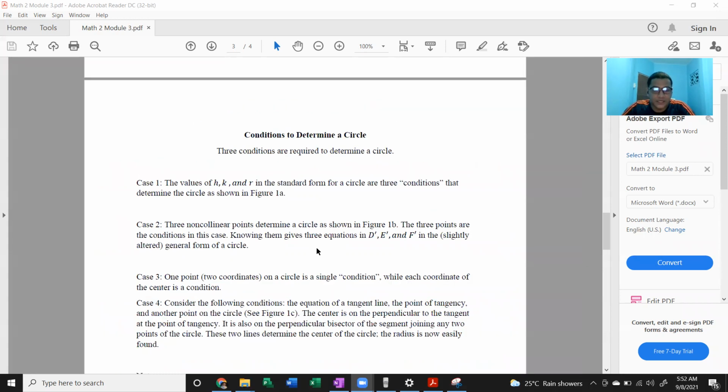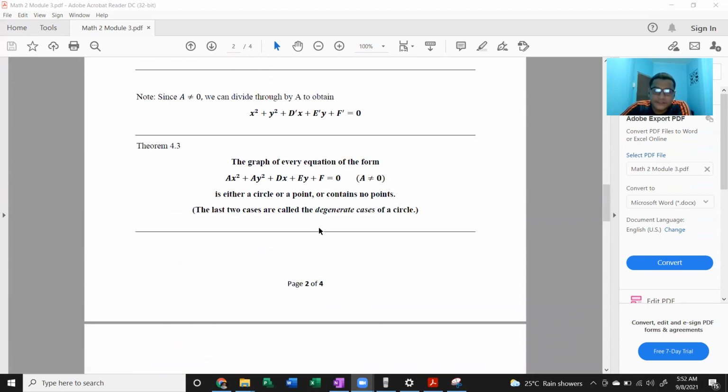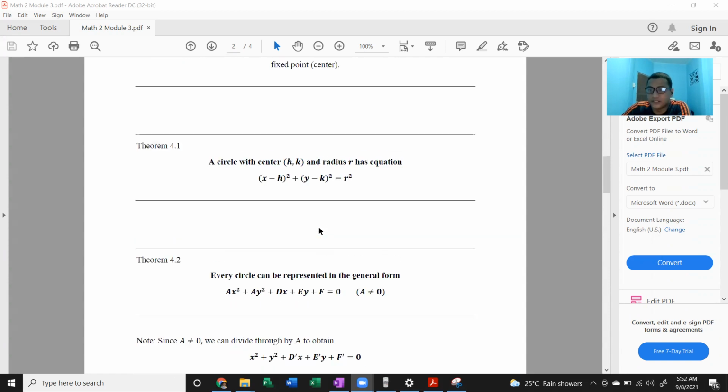So I have laid out here 4 cases that are helpful to determine the equations of the circle. Okay, so let's first analyze the standard form.